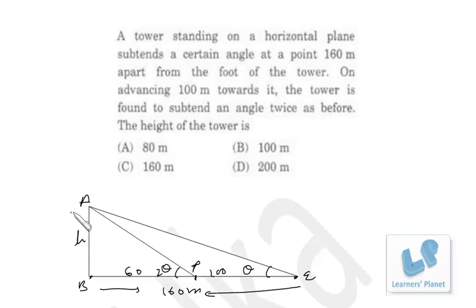Now see, from this triangle, suppose APB, tan 2 theta will be h by 60, right? So tan 2 theta is h by 60. And from this triangle, that is AQB, tan theta is h by 160.